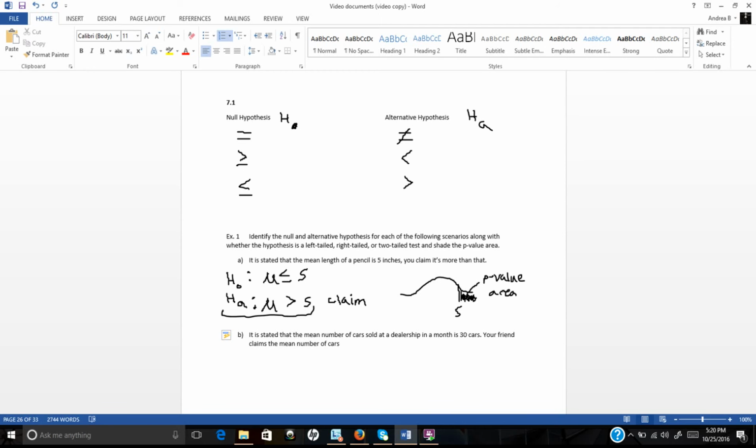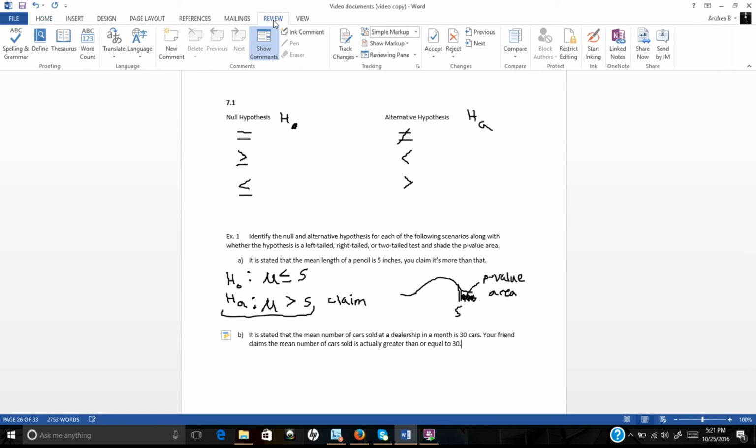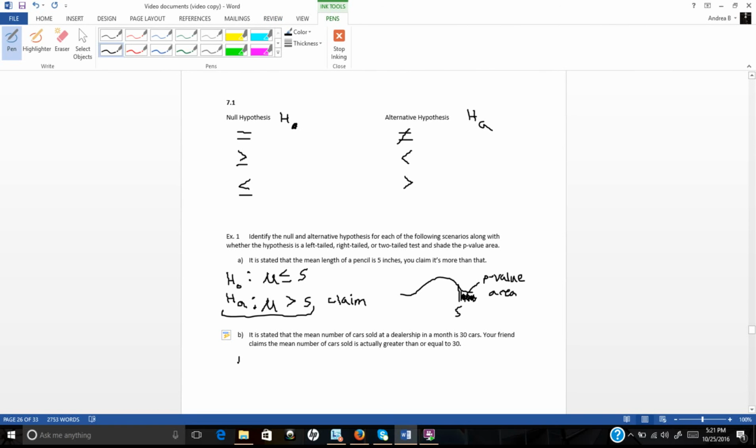your friend claims that the mean number of cars that are sold is actually greater than or equal to 30. Once again, we're going to want to state the null and the alternative hypothesis. The null, remember, is the one with h sub 0, or H naught, another way to say that for the null hypothesis.